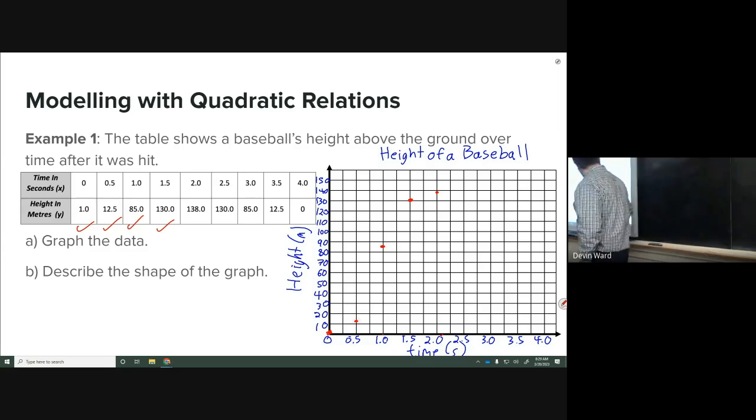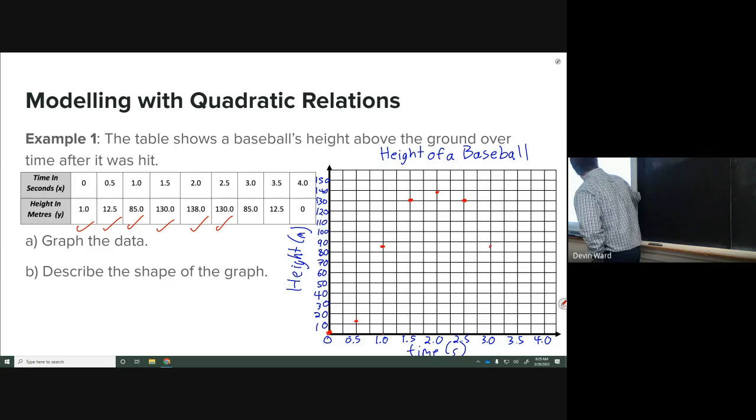Okay, now we're at 2.5. Check that one off. Now 2.5. Follow it all the way up to 130 again. Check that one off. Now I can go 3 all the way to 85.